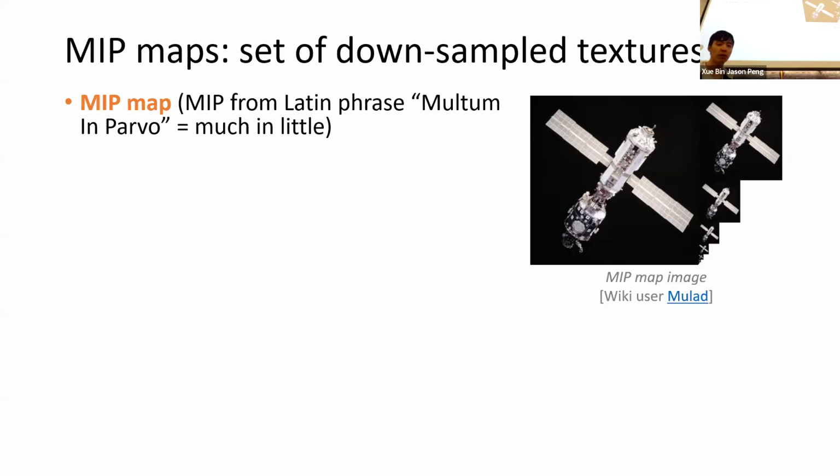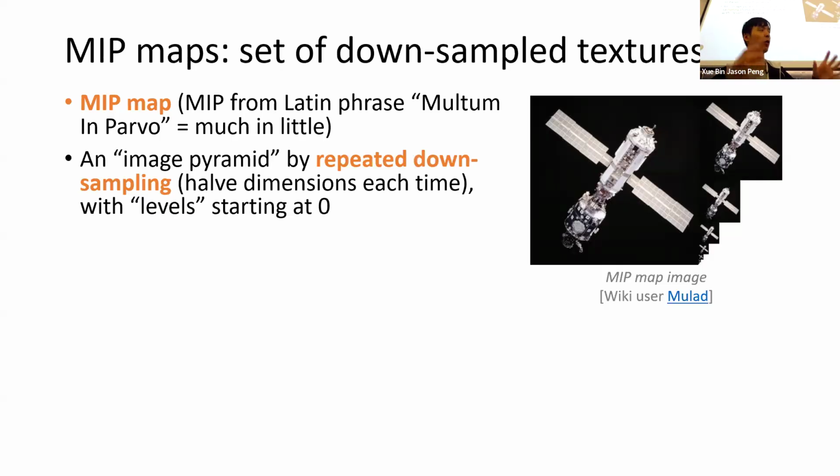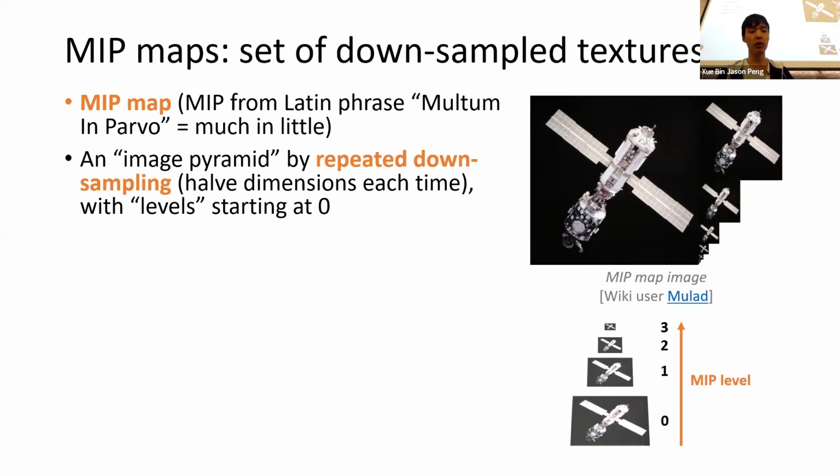And with these mipmaps, we can then construct an image pyramid that corresponds to smaller and smaller versions of our original texture. So now with these mipmaps, we can sample from these smaller versions of the texture in order to get an average color from a large region of the original texture.